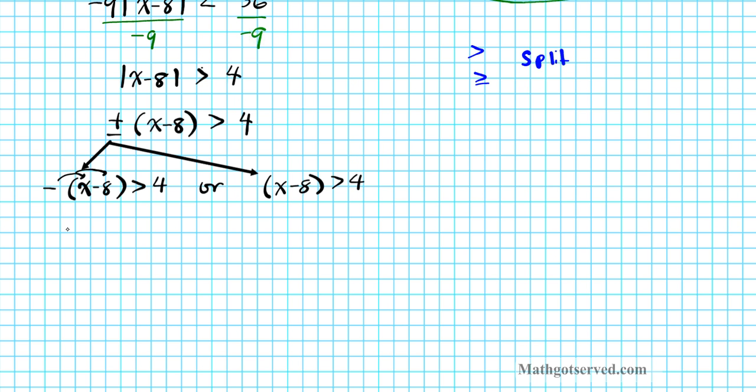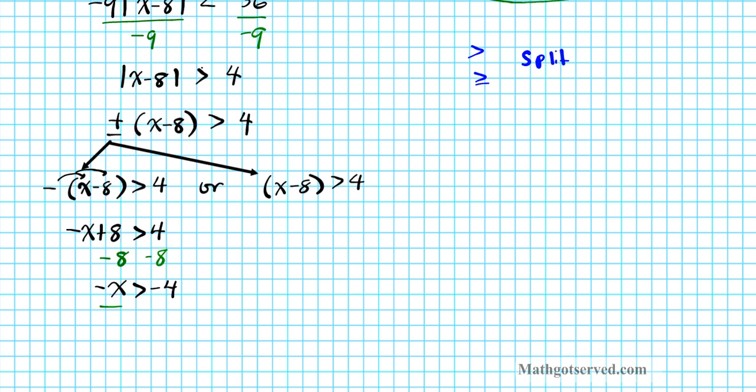So we have negative x plus 8 is greater than 4. Now to isolate x, we'll subtract 8 and divide by -1. Okay, so subtract 8, negative x is greater than -4. And now we'll just go ahead and divide both sides by -1.